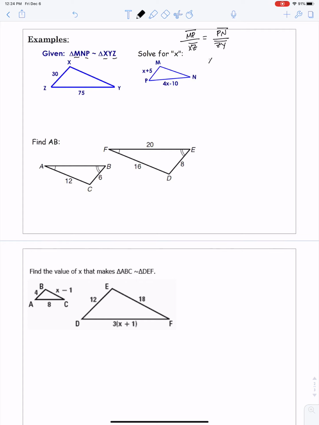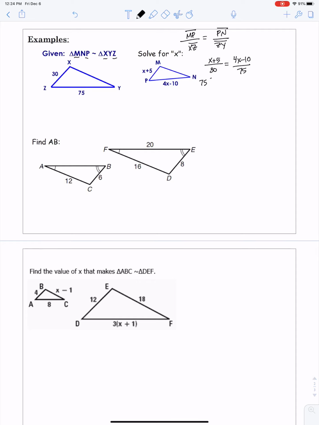So PM is x plus 5. XZ is 30, PN is 4x minus 10, and ZY is 75. So to solve this proportion, we're going to cross multiply.